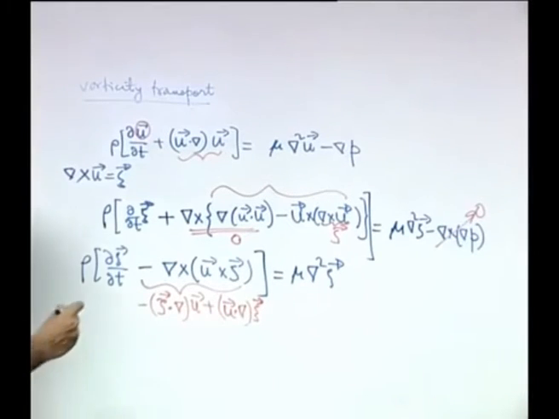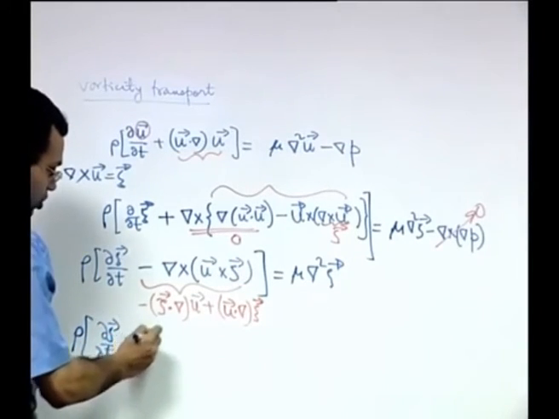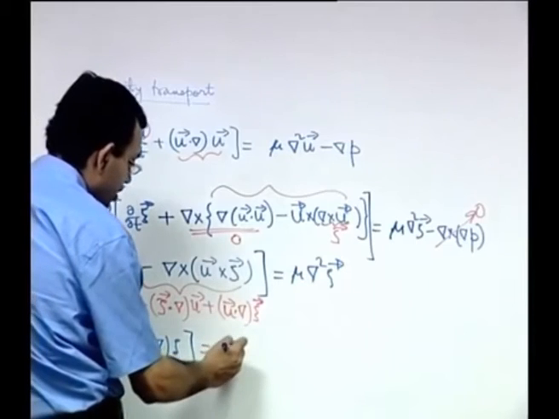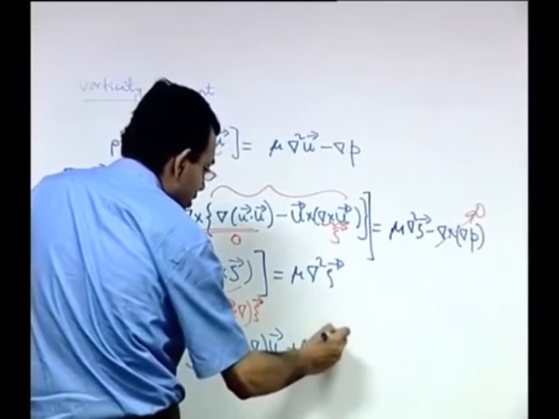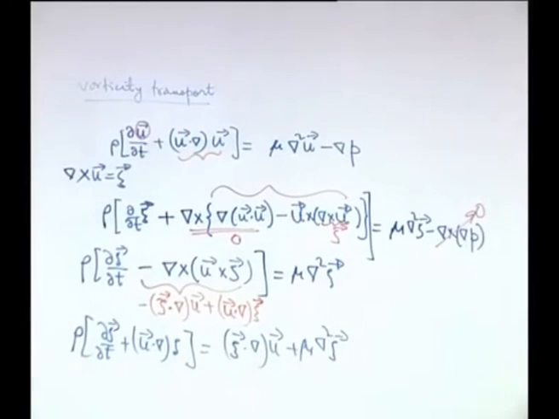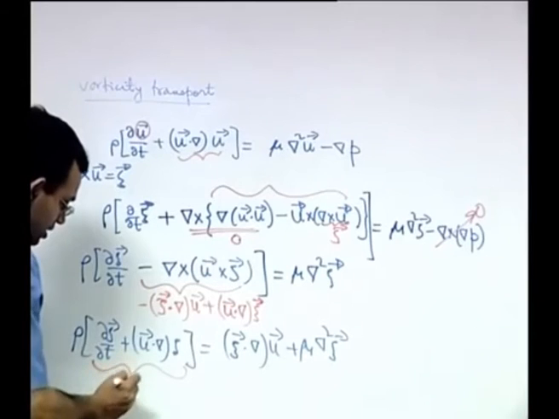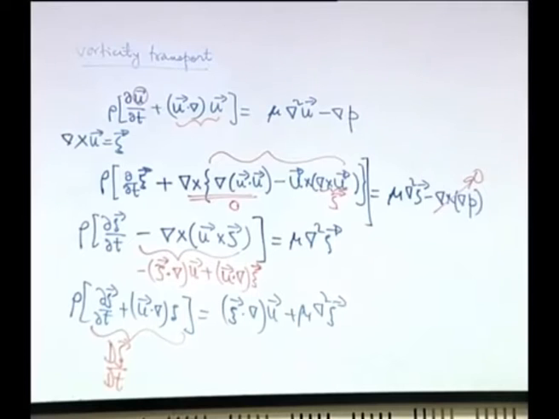So you can write rho del zeta del t plus u dot del zeta is equal to zeta dot del u plus mu del squared zeta. This incidentally is the total derivative of zeta, capital D Dt of zeta. So this gives the vector evolution of vorticity. There is one rho here, right.